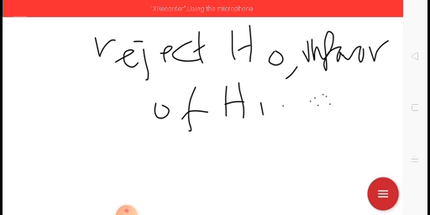Okay, so this is for part 1. Part 2, find the critical region for the test. Find the critical region for the test.